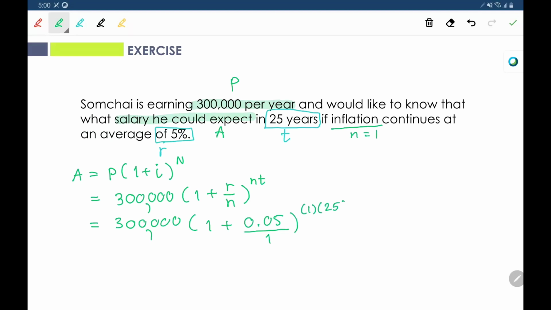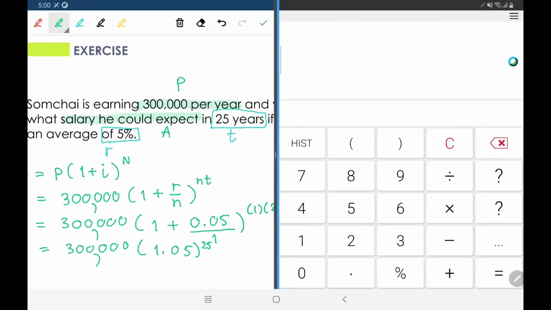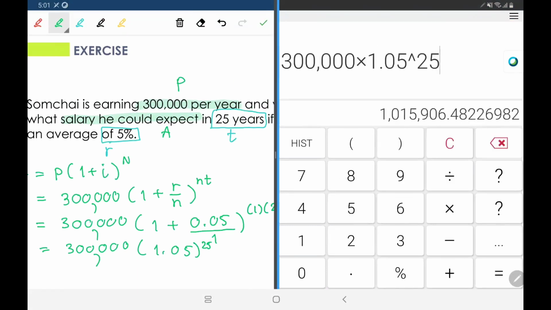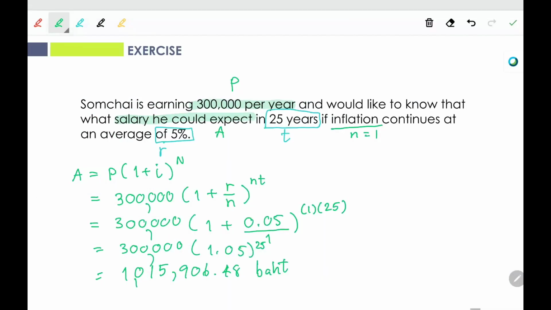How long? 25 years. So you can use the calculator. You will get 1.05 to the power of 25. Okay, let's see. In the next 25 years, he will get 1,015,906.48 baht per year. This is his salary in the next 25 years.